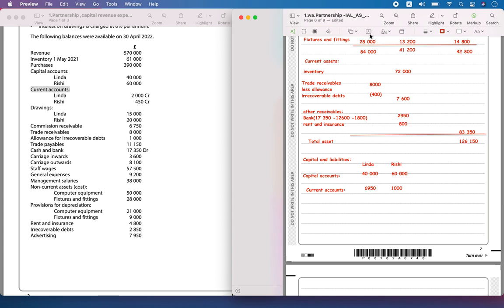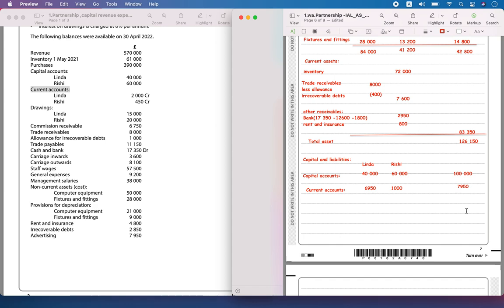Now let's add up all of this. The total capital will be 100,000, and the total current account will be 6,950 plus 1,000, which is 7,950. So we have the total of current accounts.